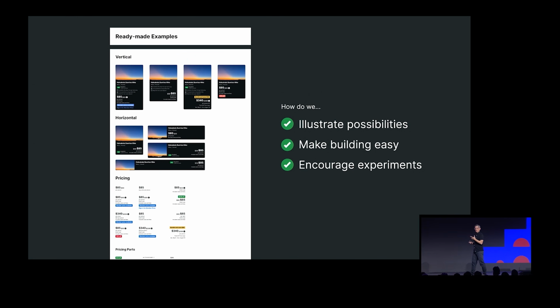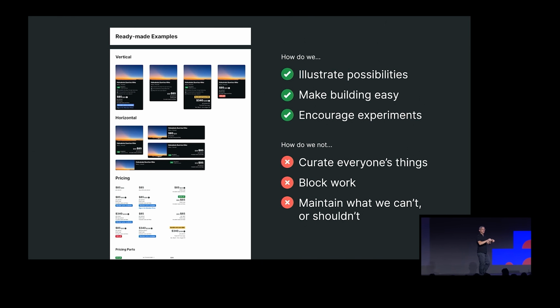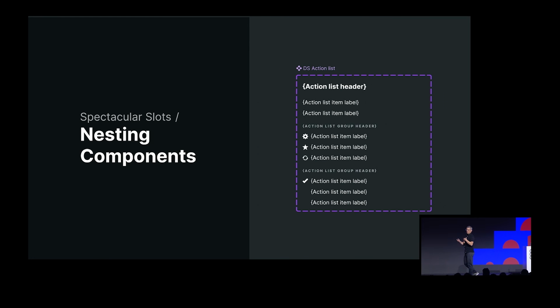So it's up to you as design system practitioners to illustrate the possibilities, make building these things easy, and encourage experimentation. And not get caught in the trap of curating everyone's stuff, or blocking their work, or maintaining the kind of consistency that you're unable to maintain, or that you shouldn't be maintaining, because that might not be part of your job. Let's talk about a few more examples.